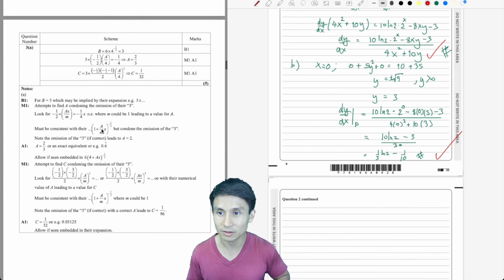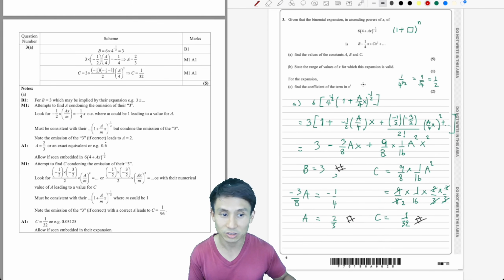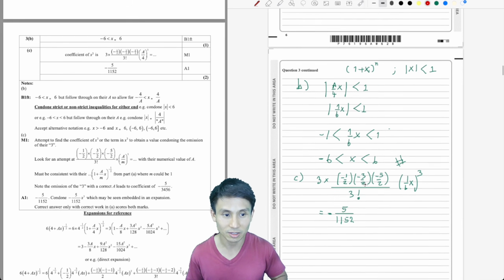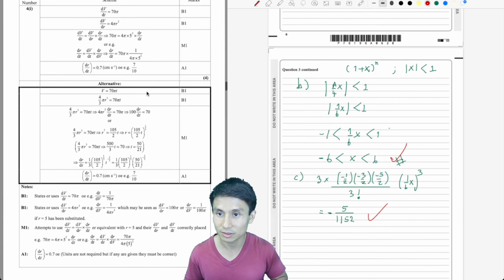Okay, 3. Right, binomial expansion here. A is 2/3. C is 1 over 32. All right. B, yeah. That's the range. Okay, and then there's this. All right.